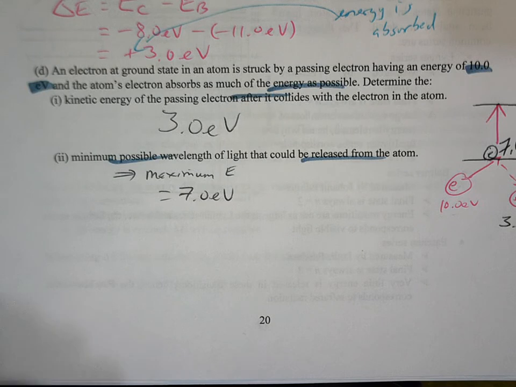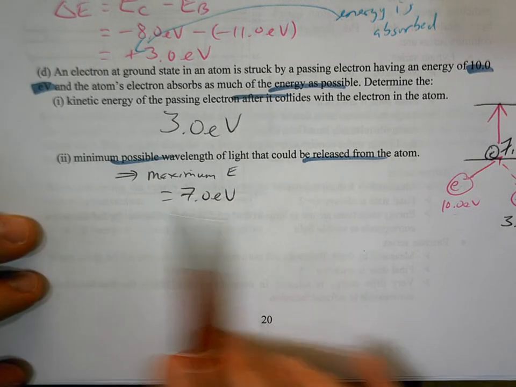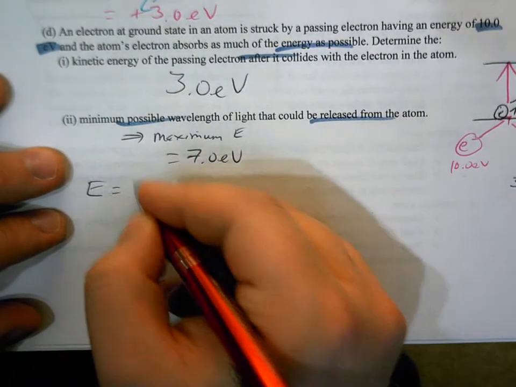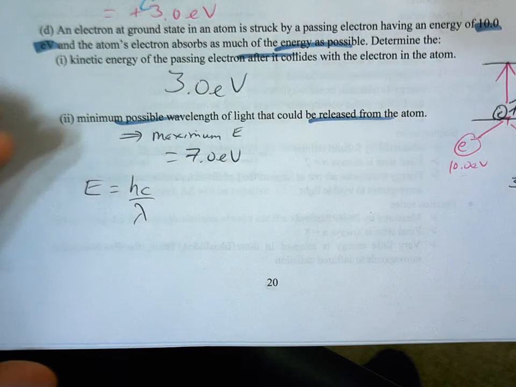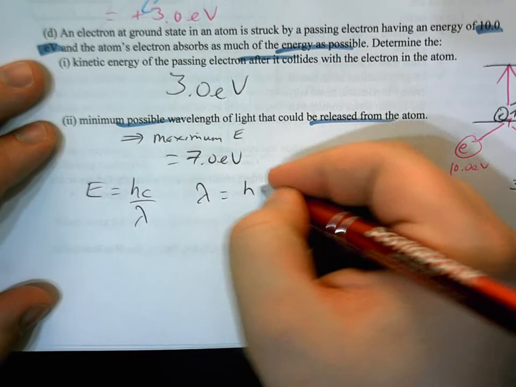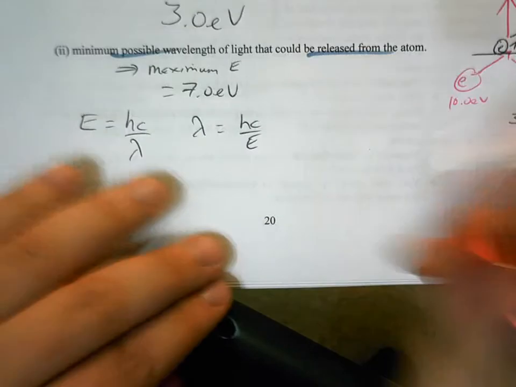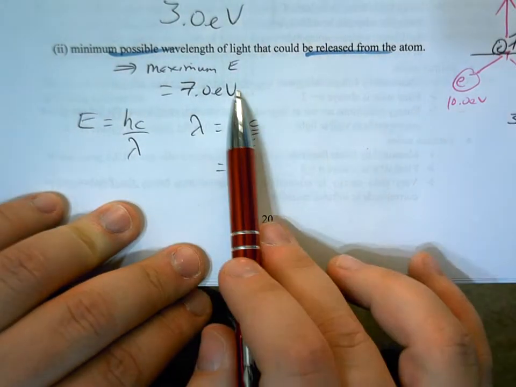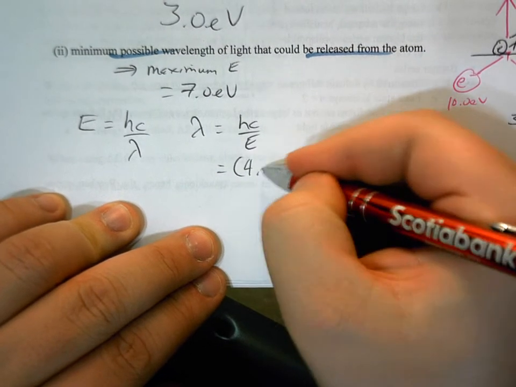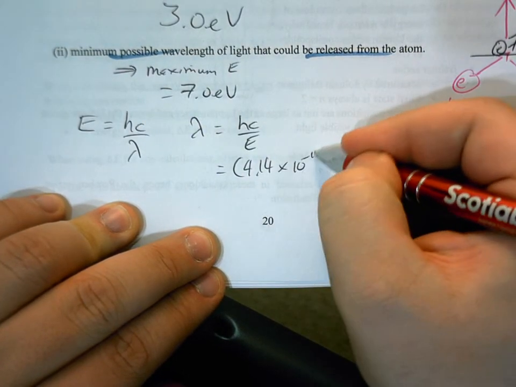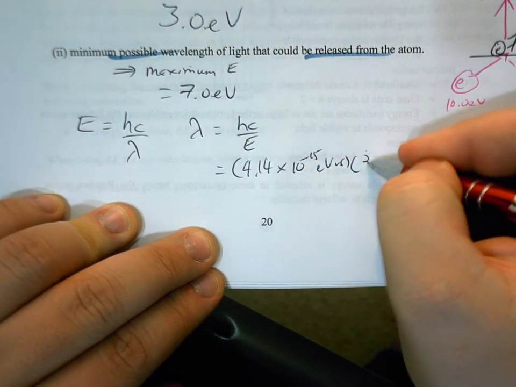There's a difference between the states of 7 electron volts. We would like to find the wavelength that corresponds to 7 eV of energy. So we know from the Planck formula E is equal to hc over lambda, or lambda is hc over E. Now, with my energy in electron volts, I'm going to use the Planck constant in electron volt seconds just to make my life a little bit easier.